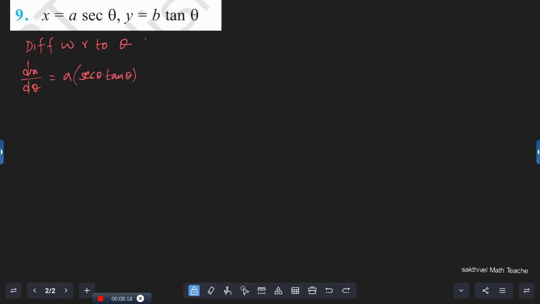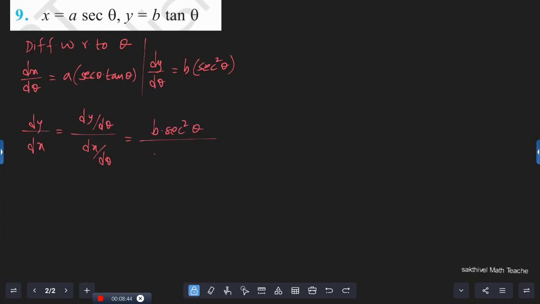That's it. Suppose y, if you differentiate, what will you get? dy divided by d theta is equal to b into the derivative of tan, which is secant square theta. Very easy. Now when you divide, dy by d theta divided by dx by d theta equals b secant square theta over a secant theta into tan theta.